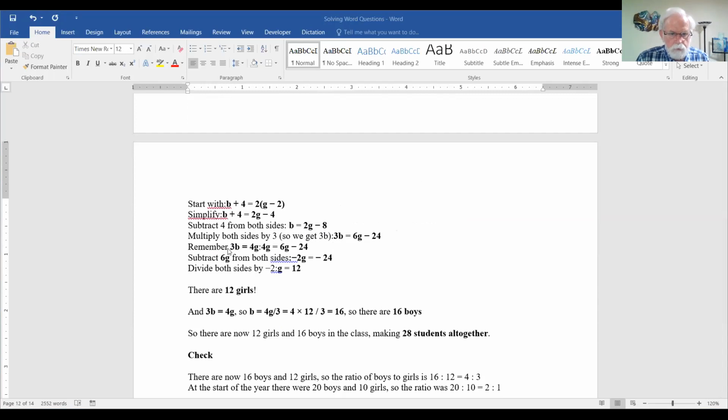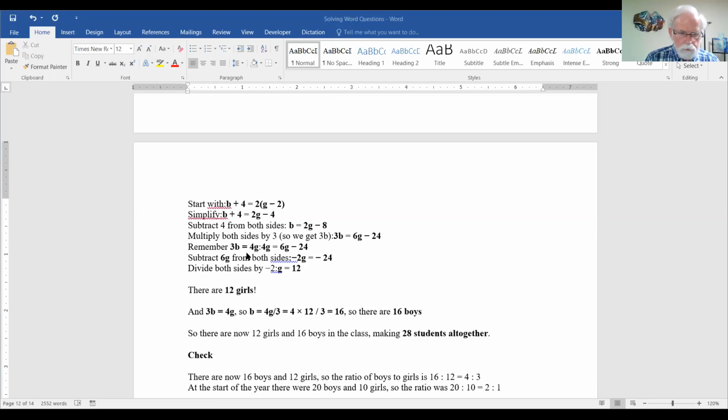So if we remember that 3b equals 4g, and 4g is 6g minus 24, then we just substitute.